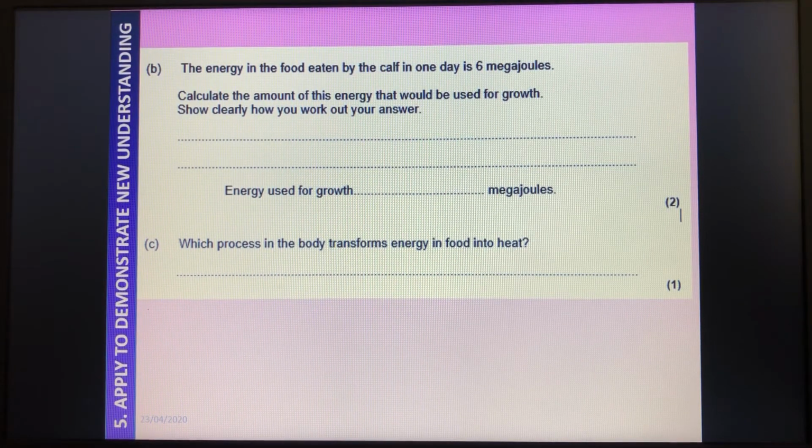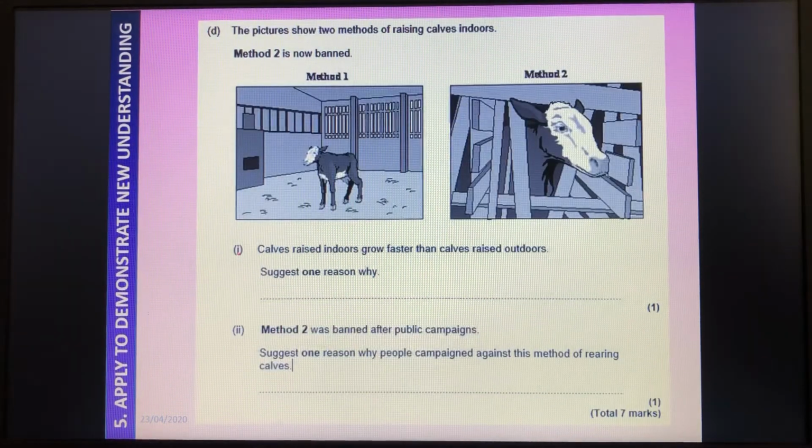And the final question, which process in the body transforms energy in food into heat? And if you need extra time, pause now. Okay, final part of this question.